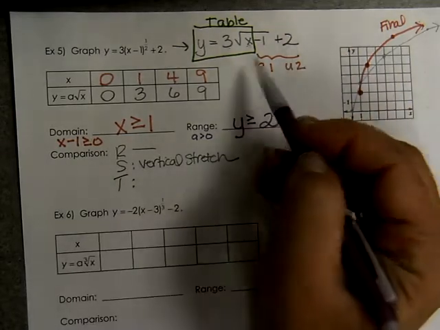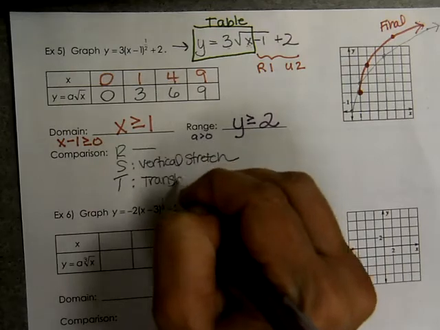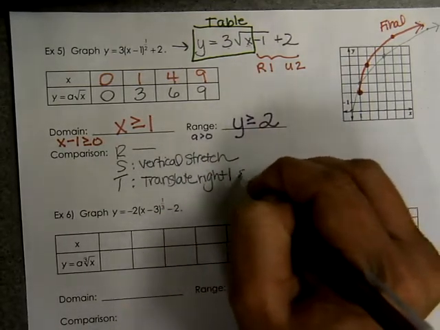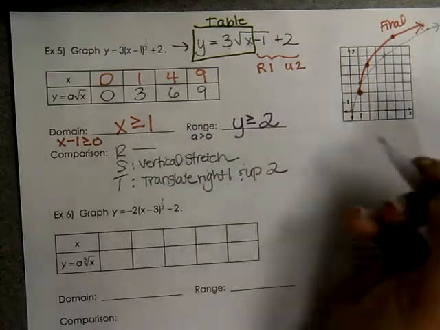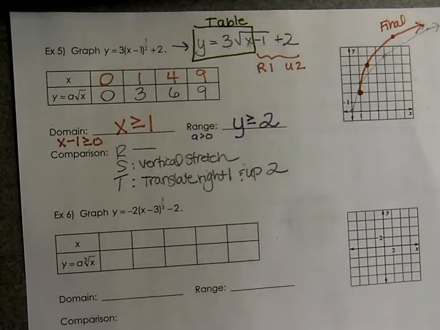And then the translation is the way we translated our table. What we did is we translated right 1 and up 2. And that's how we can do translated graphs.